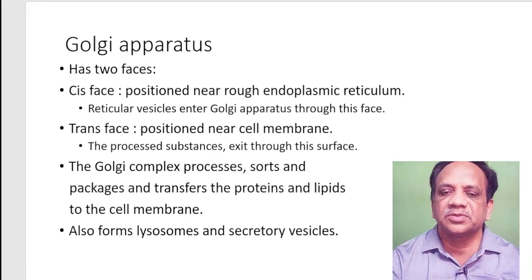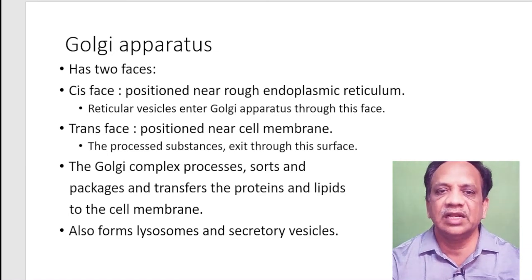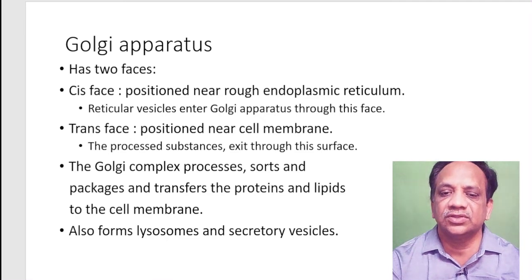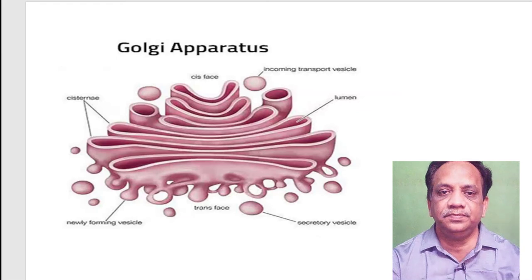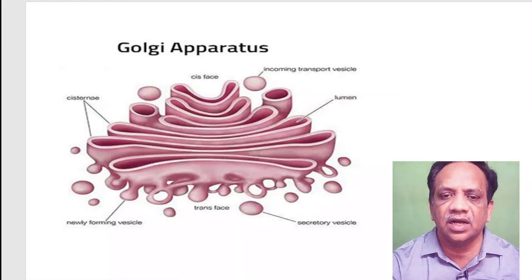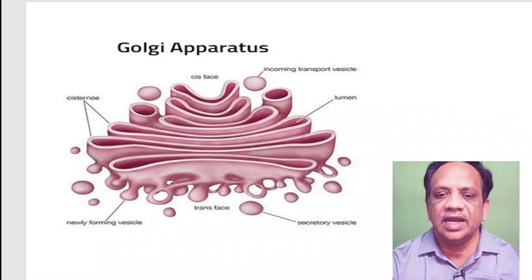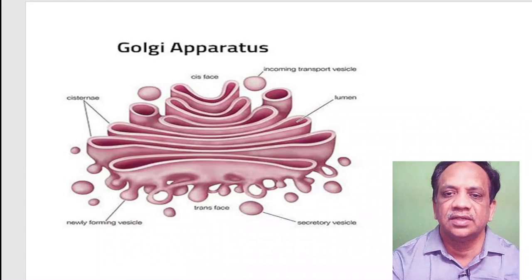The Golgi complex processes, sorts and packages, and also transfers the proteins and lipids to the cell membrane. It also forms lysosomes and secretory vesicles. This is the Golgi apparatus. You can see the cis face on one side and the trans face on the other side.